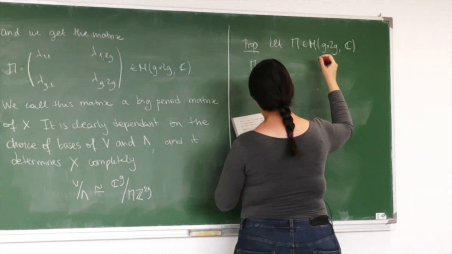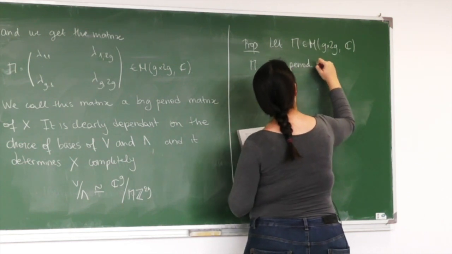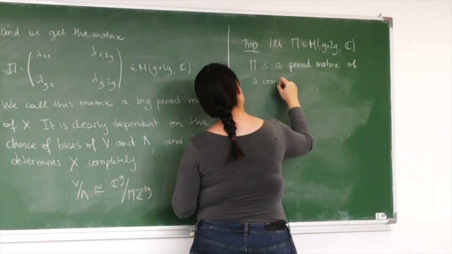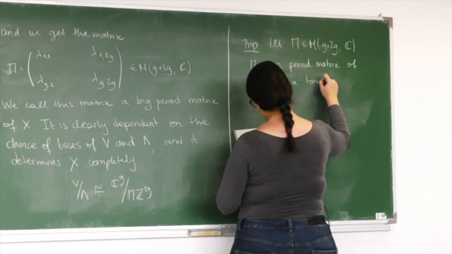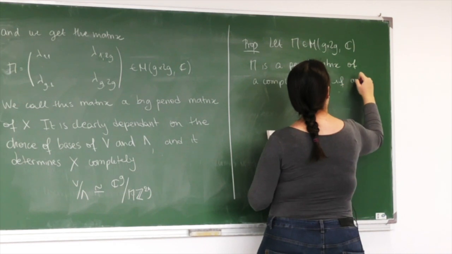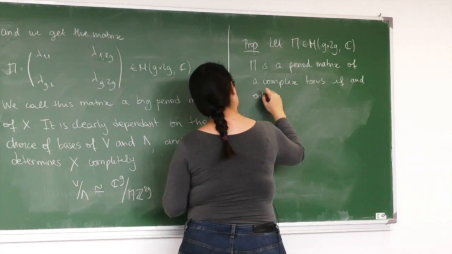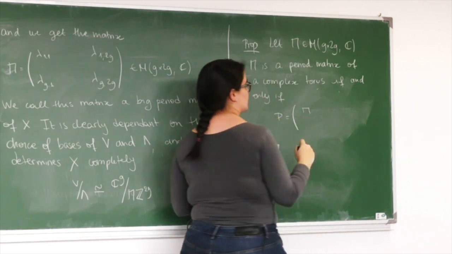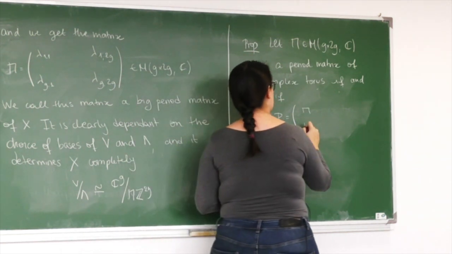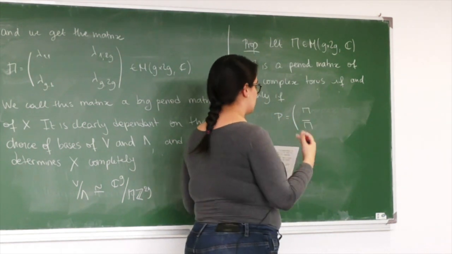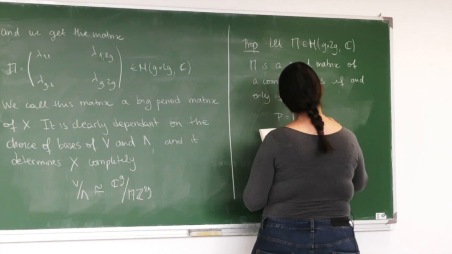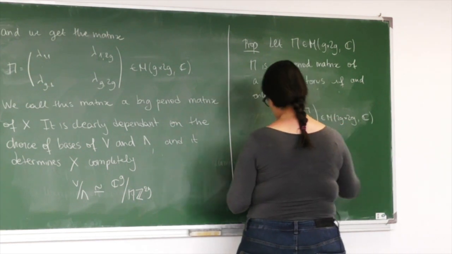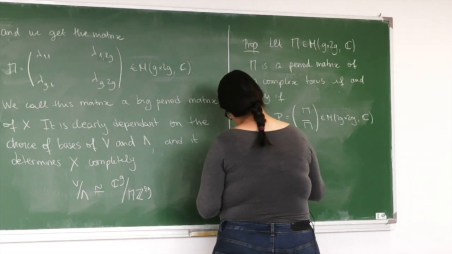It's a period matrix of a complex torus if and only if the matrix that comes from taking as the first g rows the matrix pi, and as the next g rows the matrix pi complex conjugate, which is now a 2g by 2g complex matrix, is non-singular.